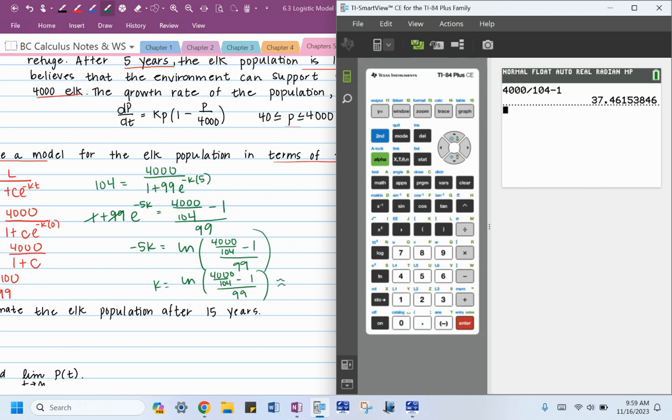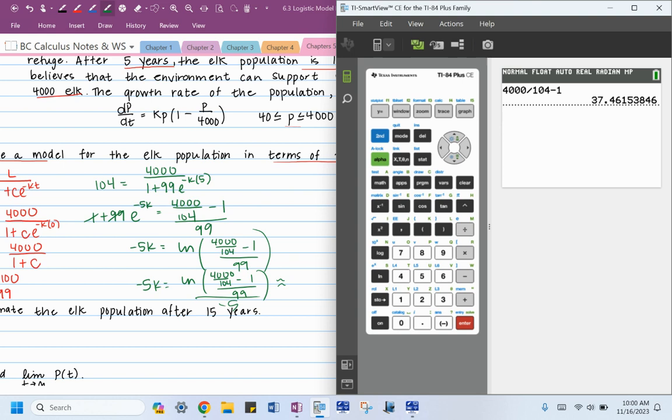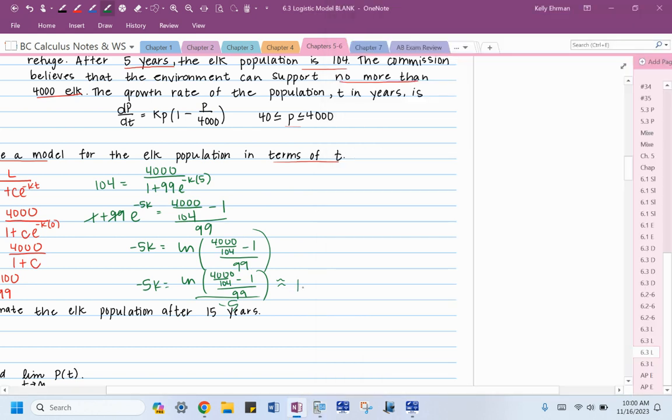Yes, and then, oh, I never divided by 5. Sorry, this is negative 5k equals this. There we go. That's why my answer wasn't matching up. Okay, divided by 99. Natural log that answer. Divide that by negative 5. There we go. That's better. So 0.194-ish is our k value.